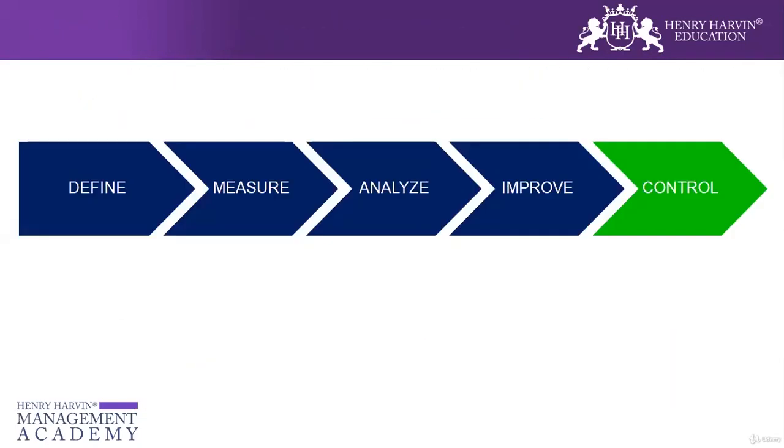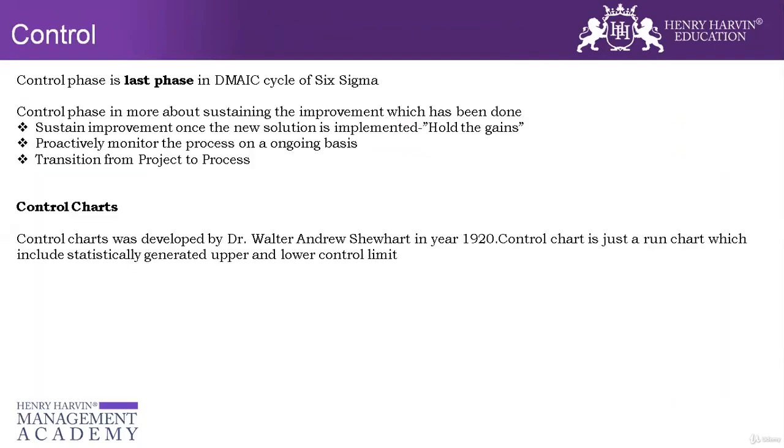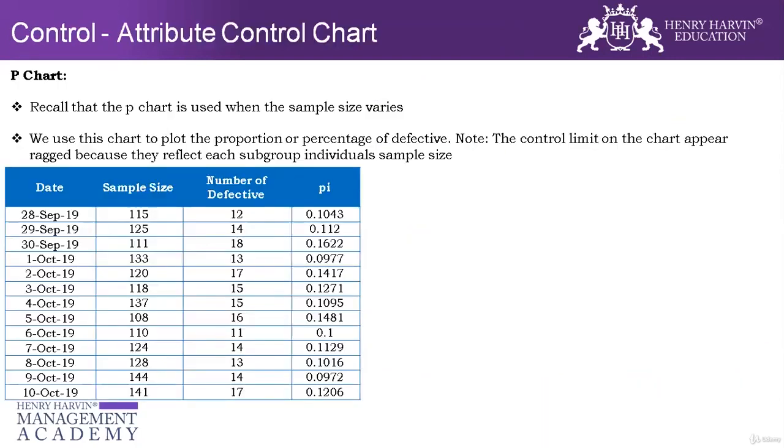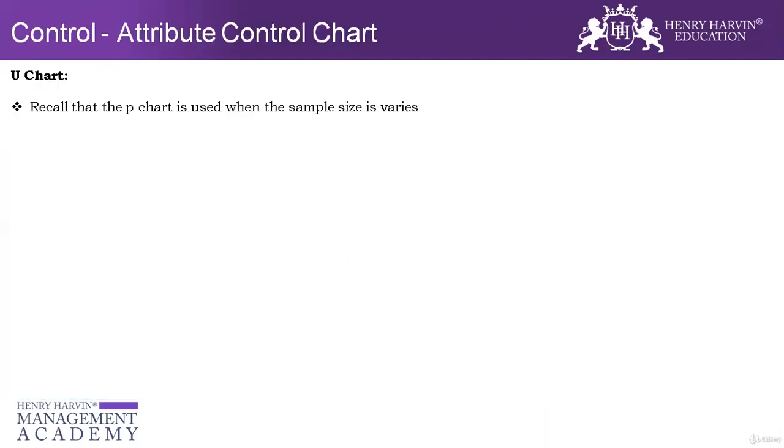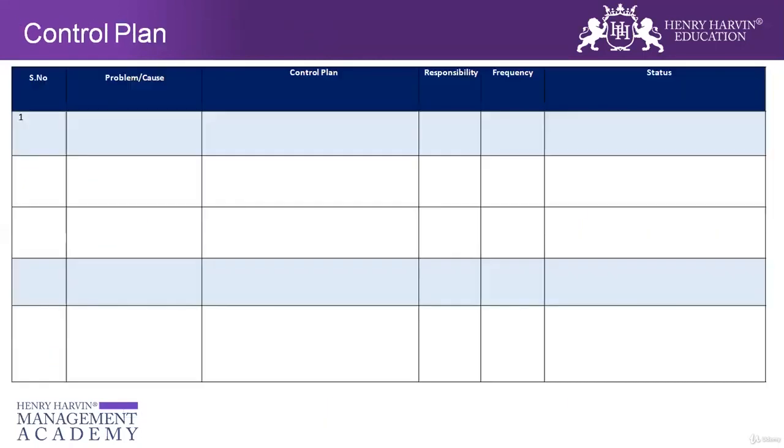The difference between improve plan and control plan is that in the control plan, I will mention how this process is being measured over a period of time, how many times it is going to happen, and who will be doing these checks. So for example, I have implemented a solution wherein I have changed the functionality of a particular tool.